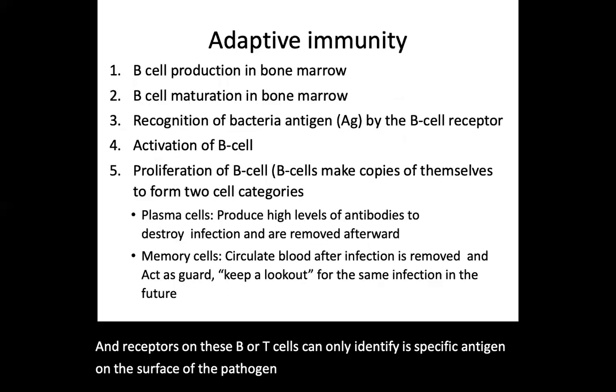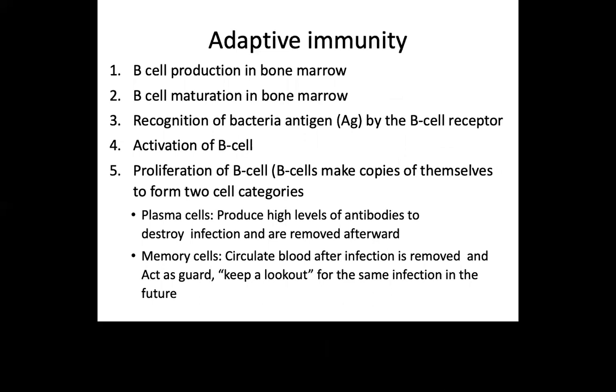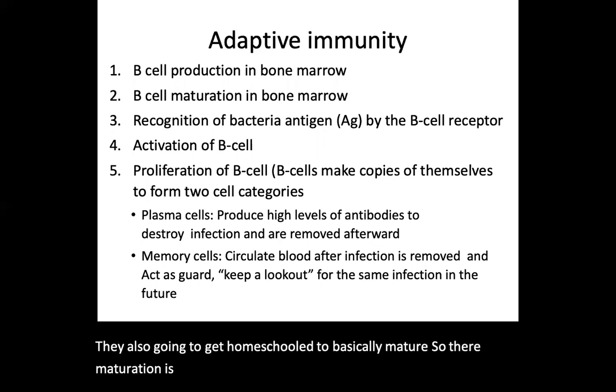So let's go ahead and take a look at this. Let's look at the B cells first. Now, we have talked about B cells being produced in your bone marrow. They're also going to get homeschooled to basically mature, so their maturation is also within the bone marrow.